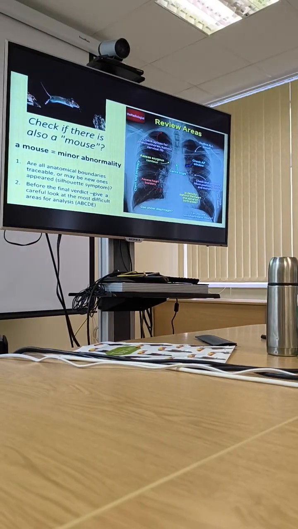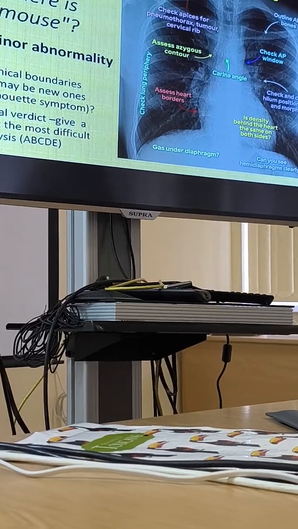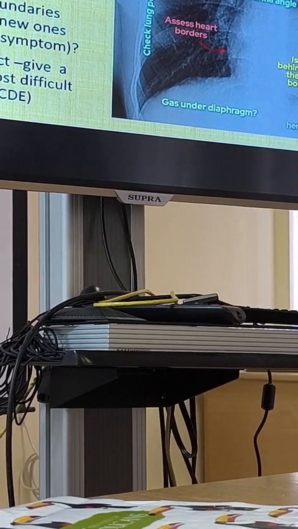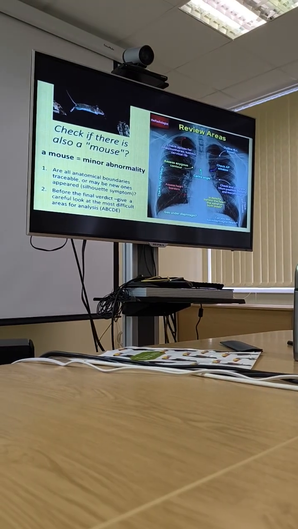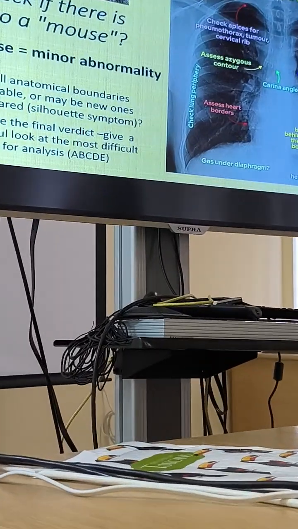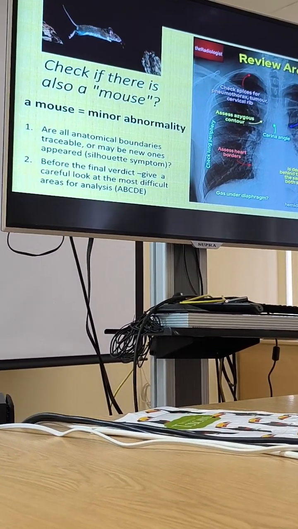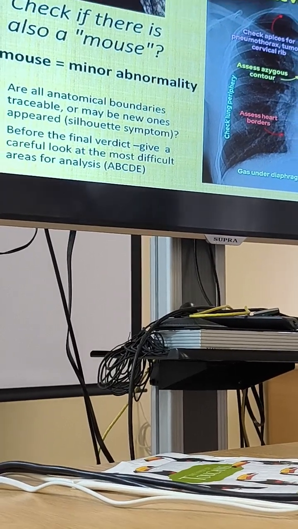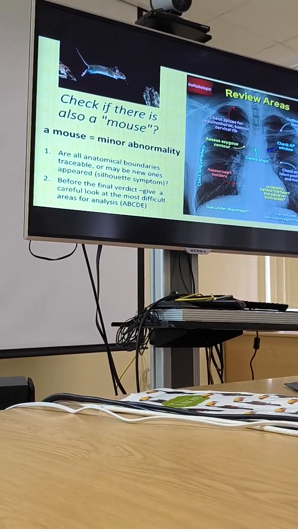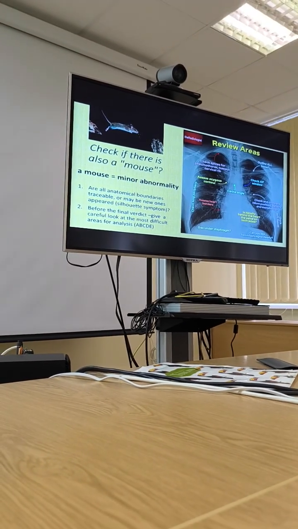If we continue our discussion about making the right conclusion: some abnormalities are big, they are obvious, but some abnormalities are small, like a mouse, minor abnormalities. How not to miss a minor abnormality? With an obvious abnormality, you just look and you see. But to see something minor, you need to have some instruments.